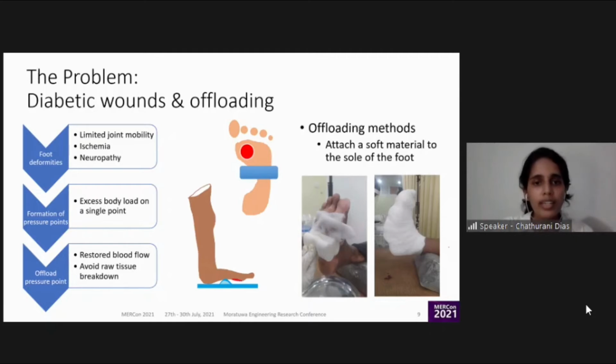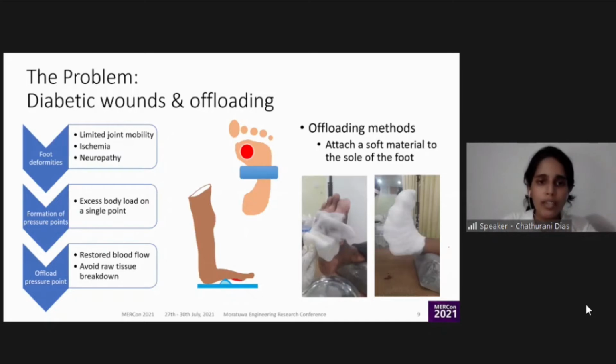By applying this attachment just below the wound area, what the clinician is trying to achieve is to lift the wound area off from feeling any load from the body.